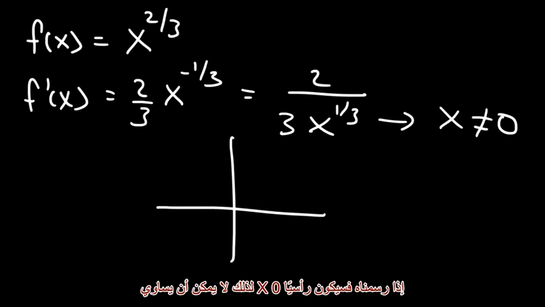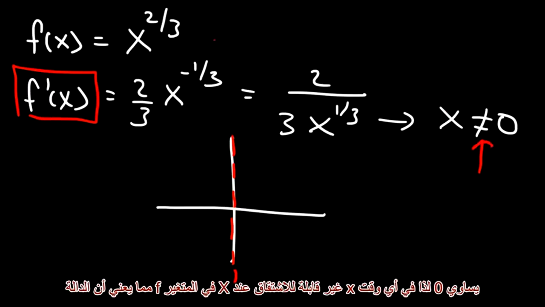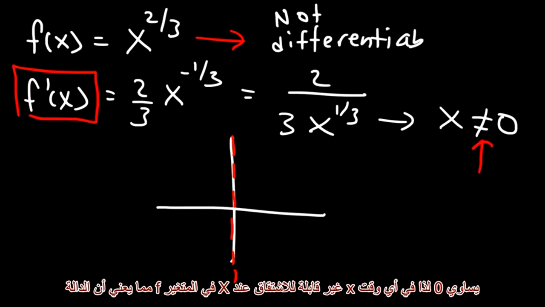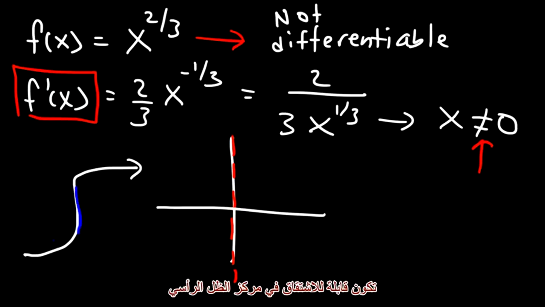If we were to graph it, there's going to be a vertical asymptote at 0, which means that f prime of x is not continuous at x equals 0, which means that f of x is not differentiable at x equals 0. So anytime you see some sort of vertical tangent, there's a good chance that it will not be differentiable at the center of that vertical tangent.